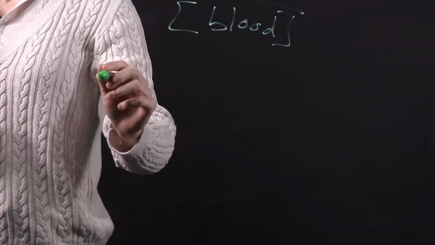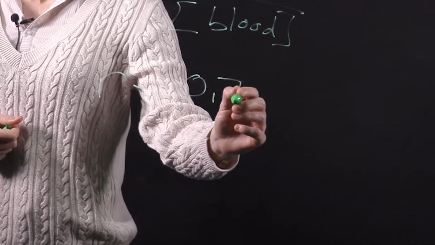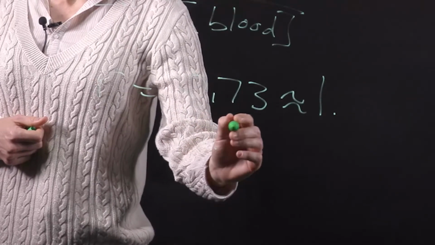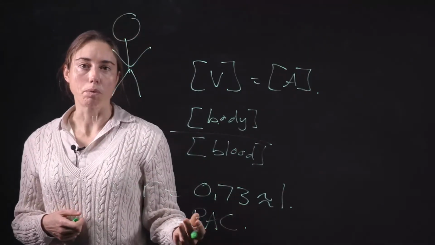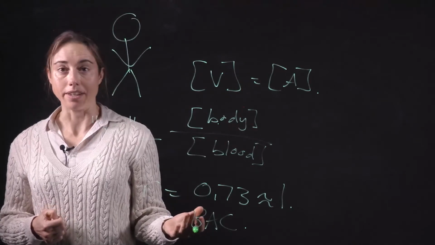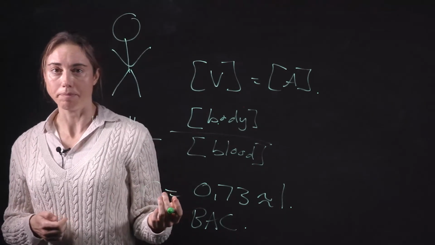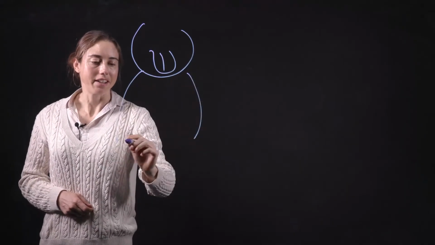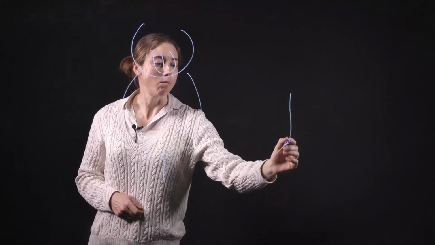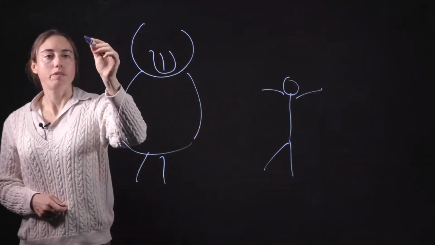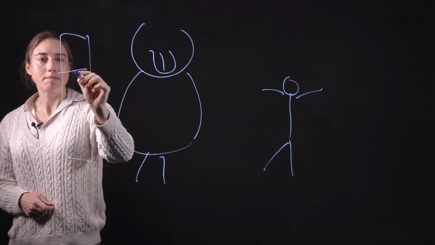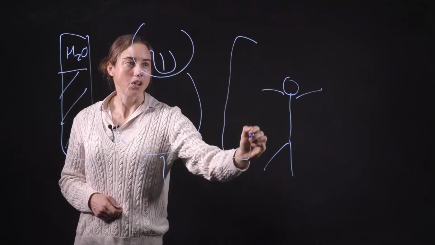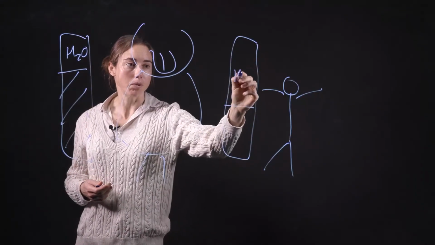Now, the R factor of the brain is 0.73, which is very close to 1, meaning that we can use the blood alcohol concentration to correlate with what must be present in the brain tissue and thus affecting the neurological status of the person. So if we consider a fat person and a thin person of the same weight, the fat person has a large amount of fat and relatively little water compared to the thin person whose muscles contain a lot of water.